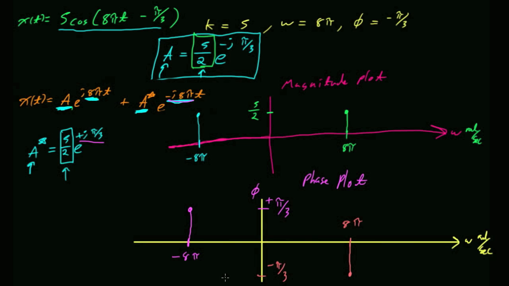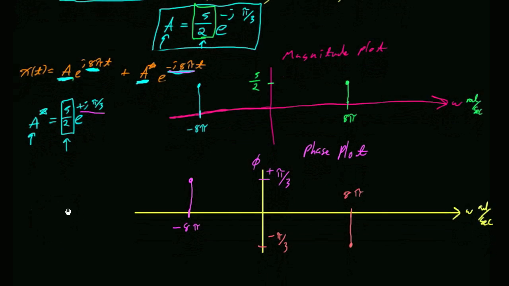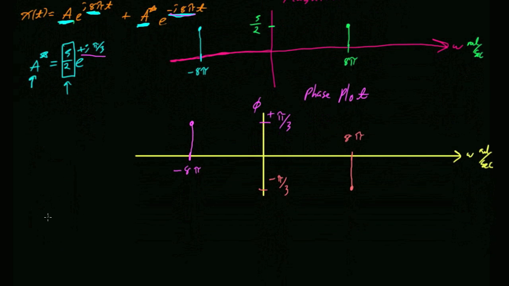So really, just conceptually, when I'm describing x of t to you, it's enough to tell you that I've got A e to the j omega t, or in this case, omega is 8 pi. The other half of the equation is, if I tell you this, you know that by definition I've also got A conjugate e to the negative j omega t as well.